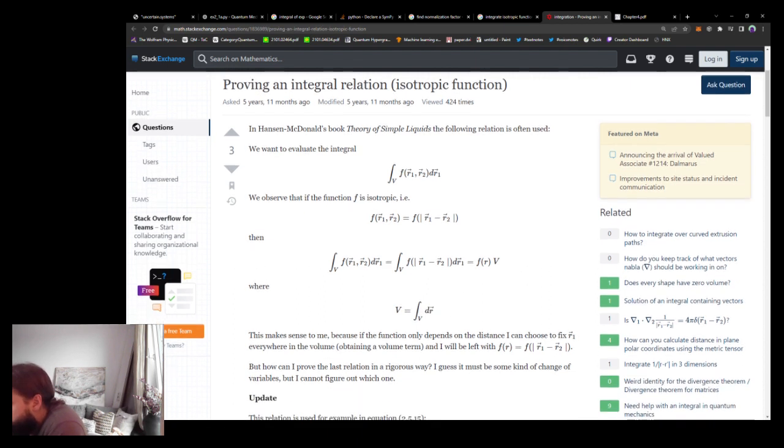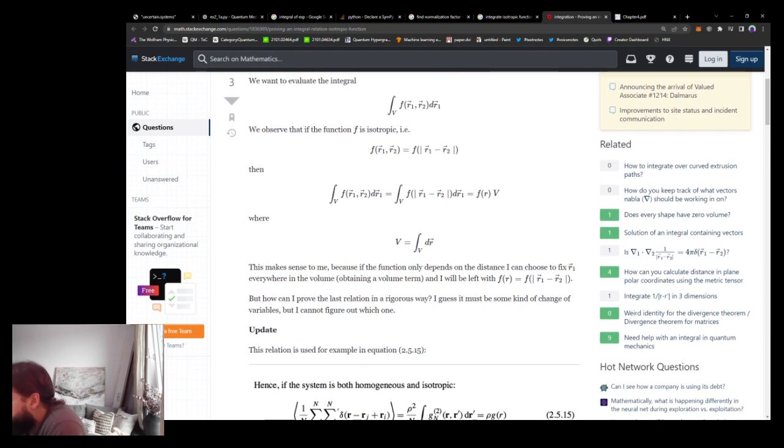This makes sense to me because the function only depends on the distance. I can choose to fix r1 everywhere in the volume, obtaining a volume term, and I will be left with this. But how can I prove that last way?